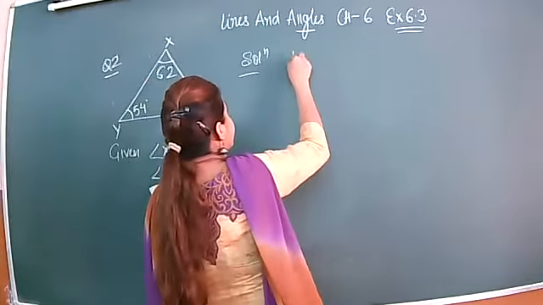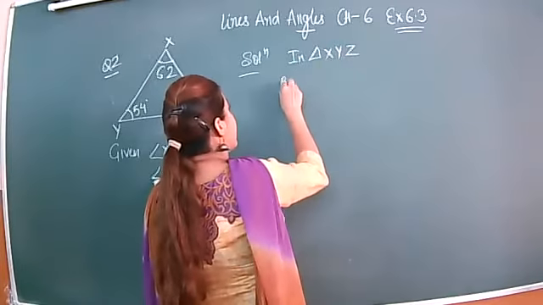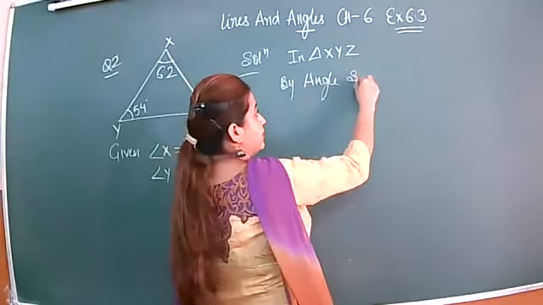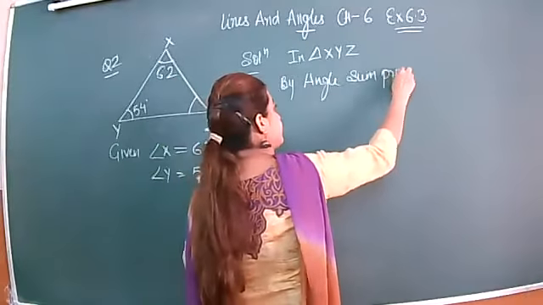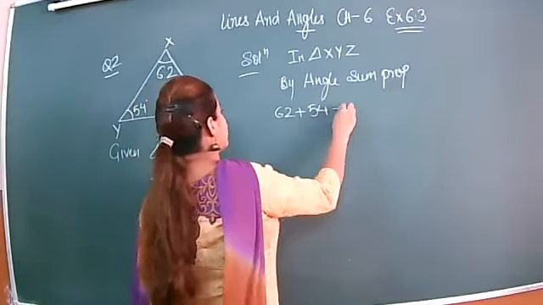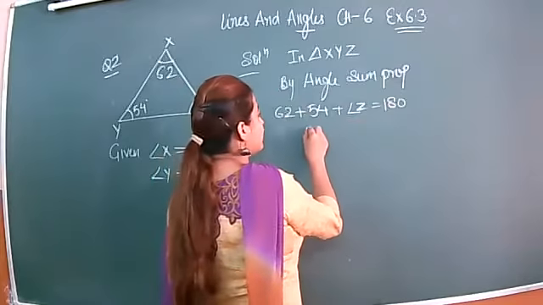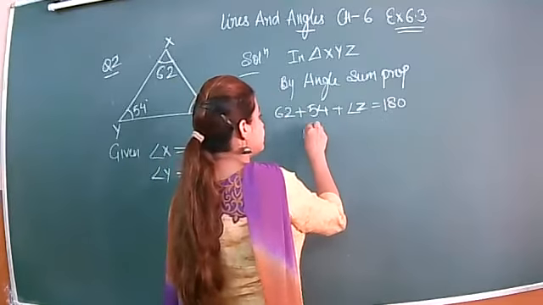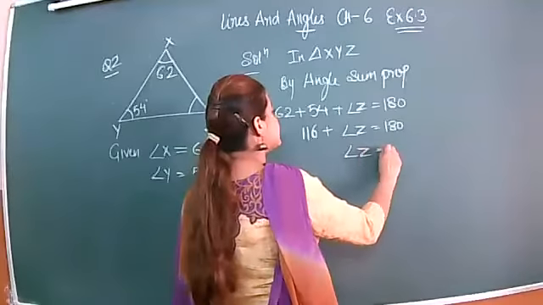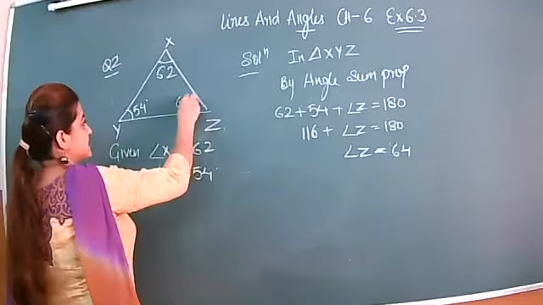And in triangle XYZ, by angle sum property, 62 plus 54 plus angle Z is equal to 180, and this is your 116 plus angle Z is equal to 180. Angle Z is equal to 64. We have got this missing angle as 64.